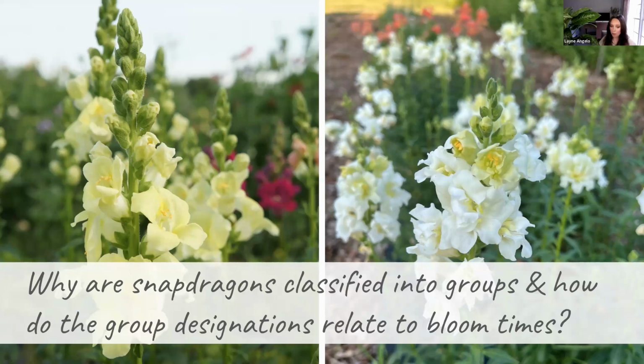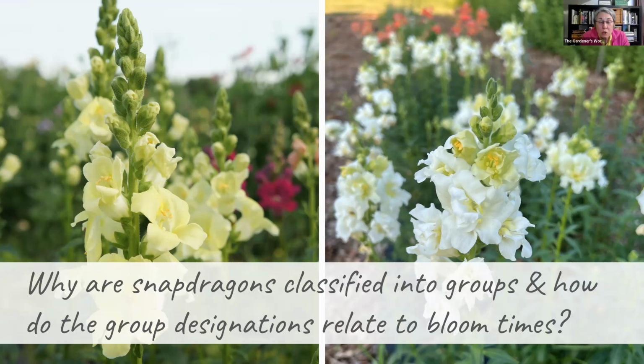All right, so most, not all, but most snapdragons are classified into groups, and sometimes you'll even see numbers in the name of a variety. So, Opus 3 early bronze, for example, that is referring to the group. So, why, Lisa, are snapdragons classified into groups, and how do those group designations relate to the bloom times?